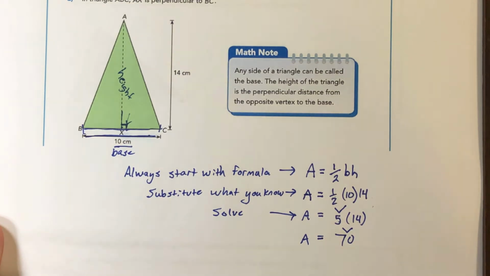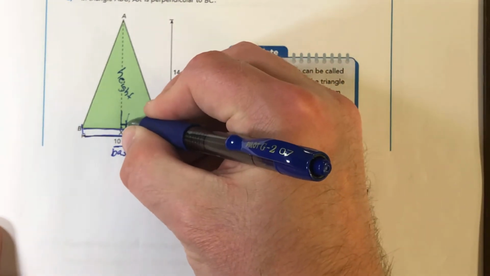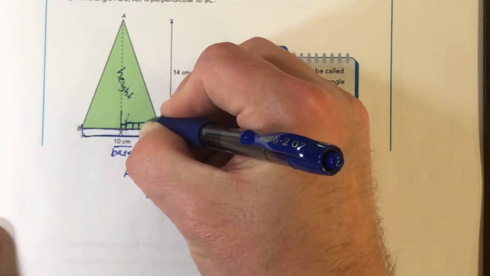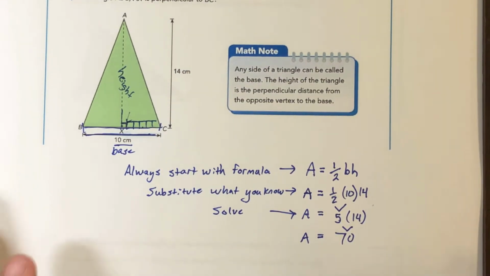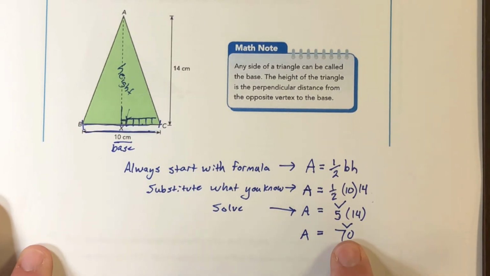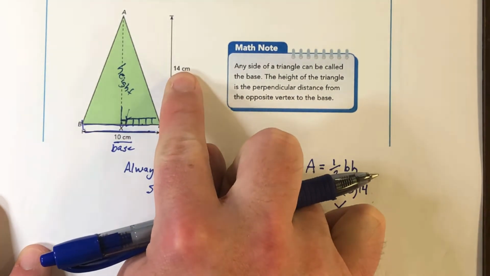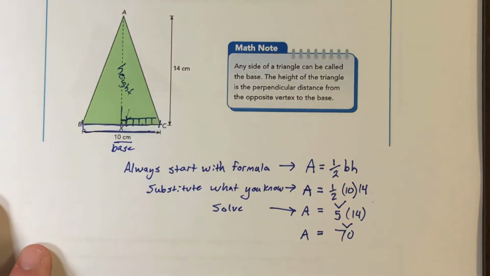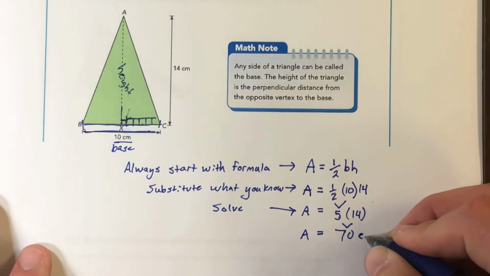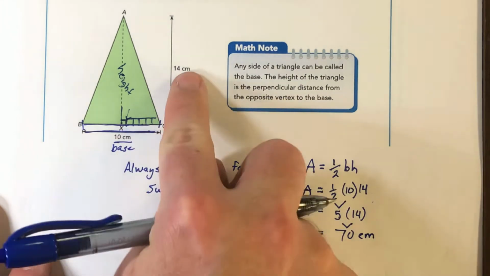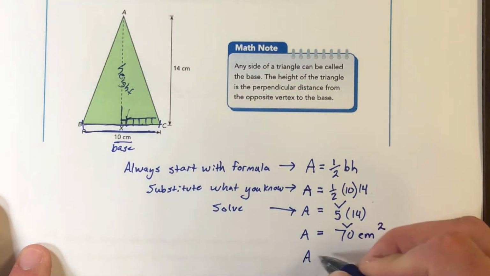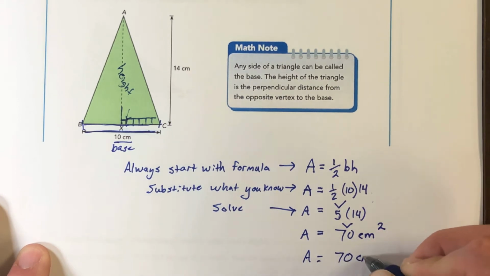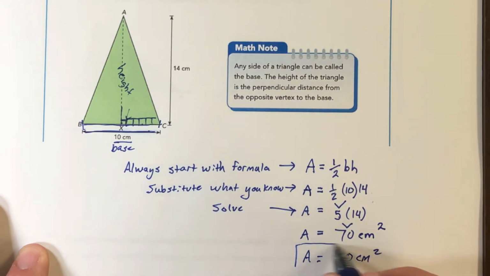Area is essentially how many squares of a specific size will cover a shape. So we're saying 70 squares, the size of a centimeter, will cover this shape. So I would write 70 centimeters, because that's the label they're using, to the power of 2. So our answer is A equals 70 centimeters squared. We're saying 70 centimeter size squares will cover that triangle.